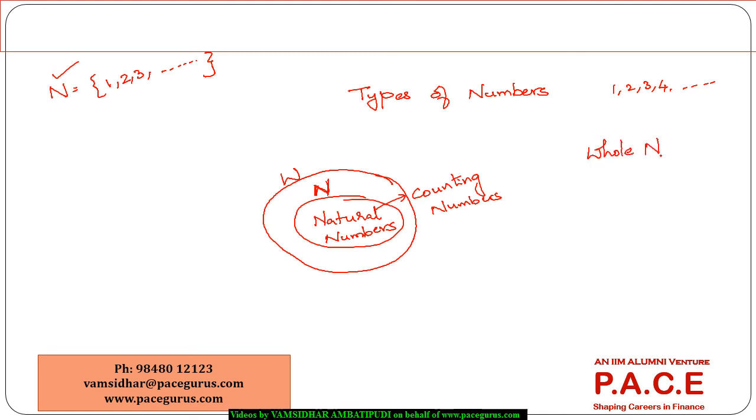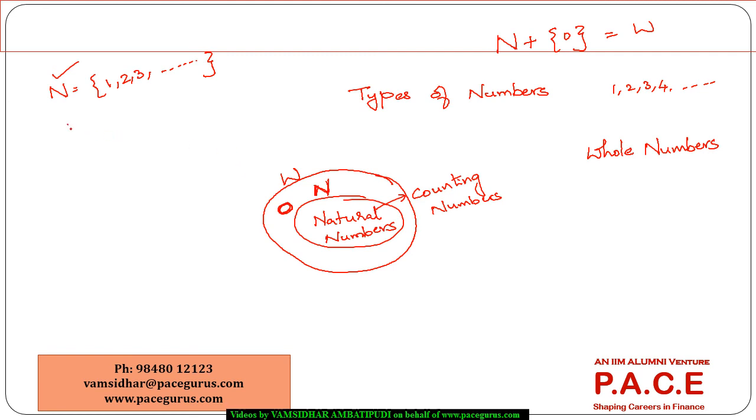Generally, it is represented with W. The only difference between the natural numbers and the whole numbers is, along with all the natural numbers, it also contains a number called 0. So all natural numbers plus the number 0 is equal to the whole numbers. So the group of all natural numbers along with the number 0 is a set of whole numbers.